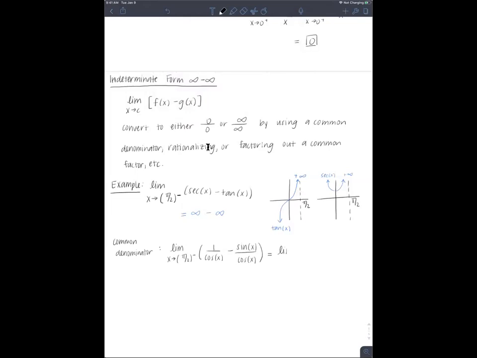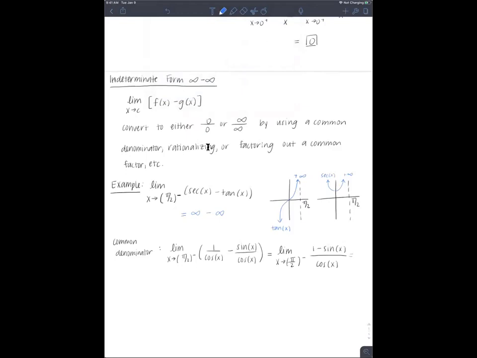And so the limit as x approaches pi over 2 from the left is really just equal to 1 minus sine of x over cosine of x. And so what happens if I try and plug in pi over 2 here?